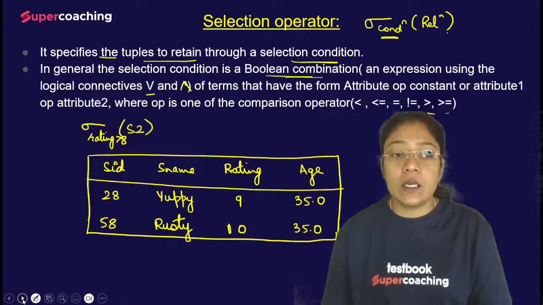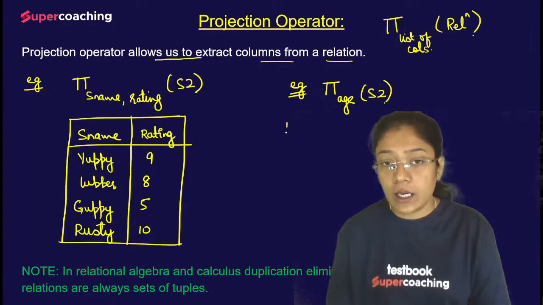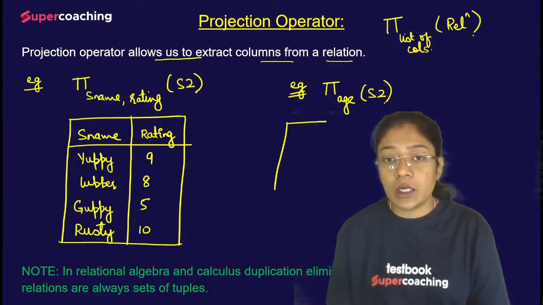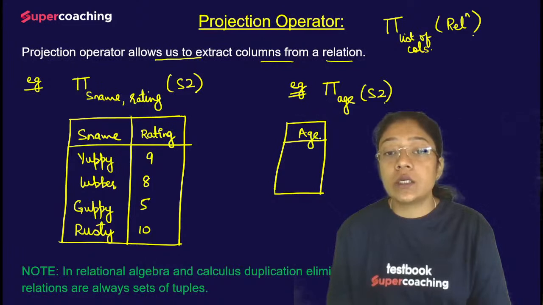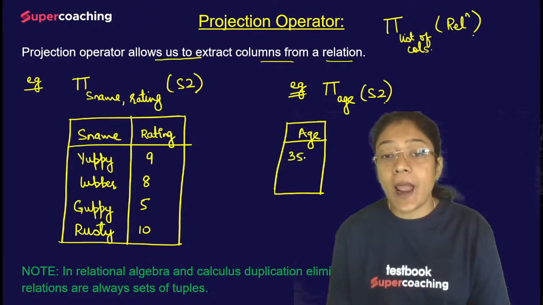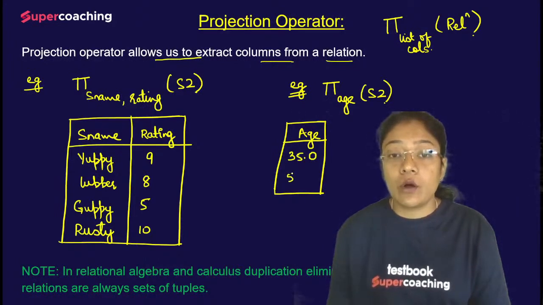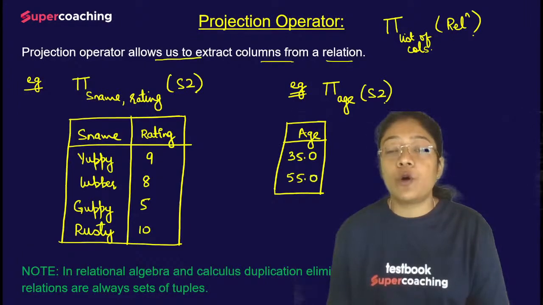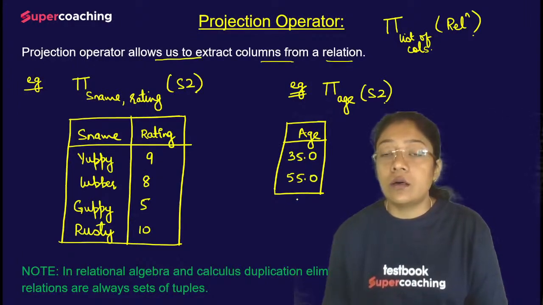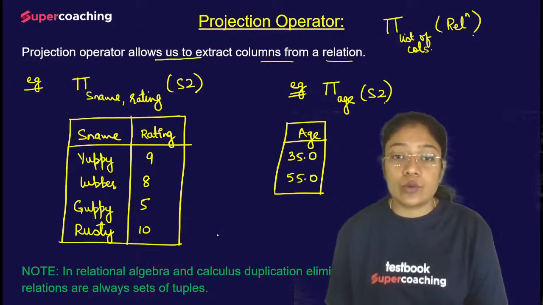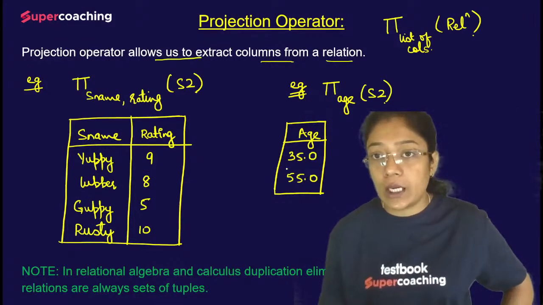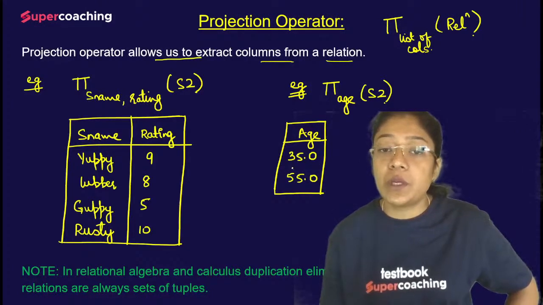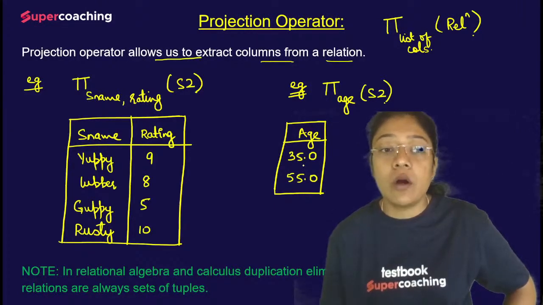So when we are projecting the age, it will just return age. 35 is coming 3 times, but here it will be returned only once, because by default it's the property of relational algebra that it eliminates duplicate values. So 35 was coming 3 times, but the entry will not come all three times in the resultant relational instance. The entry will come only once.